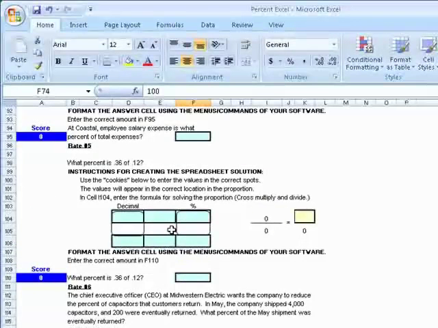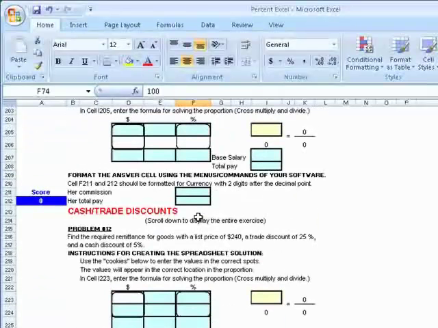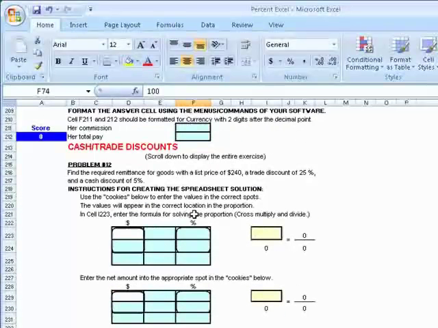I'm going to go down and do one of the later ones. Let's do problem 12. It says, find the required remittance for goods with a list price of $240, a trade discount of 25%, and a cash discount of 5%. So on the dollar side, the list price is $240.